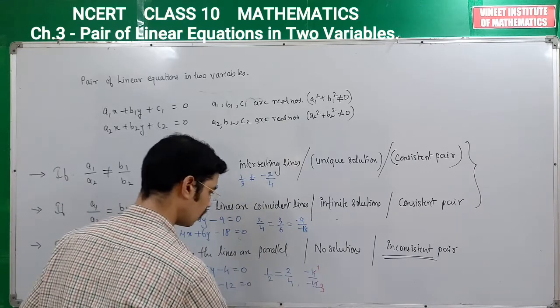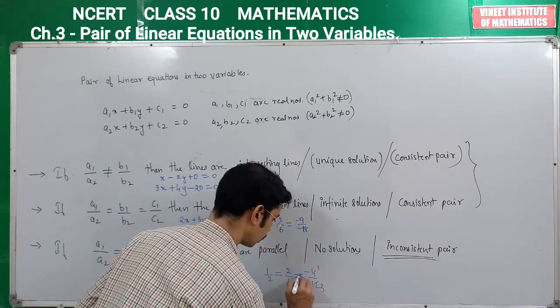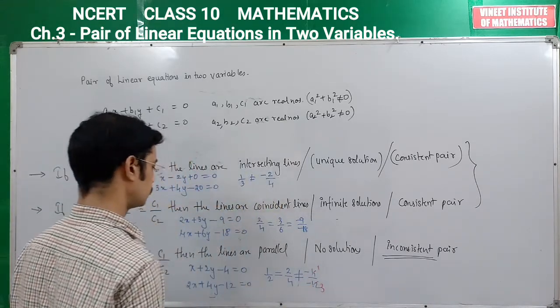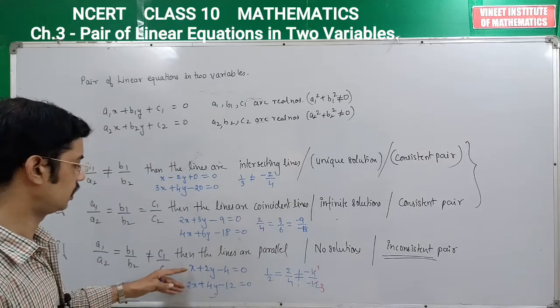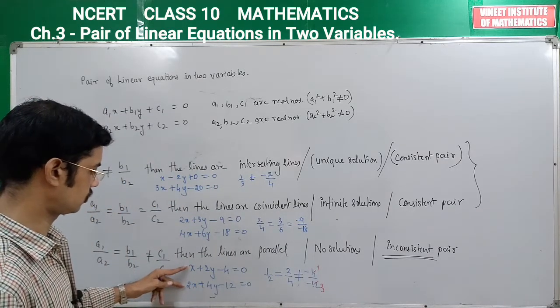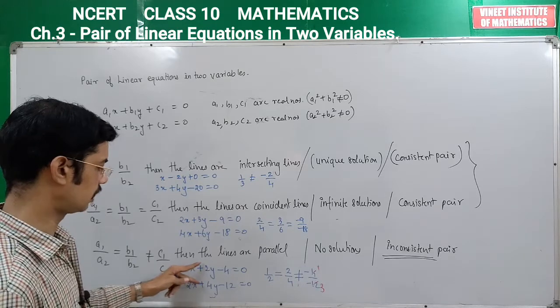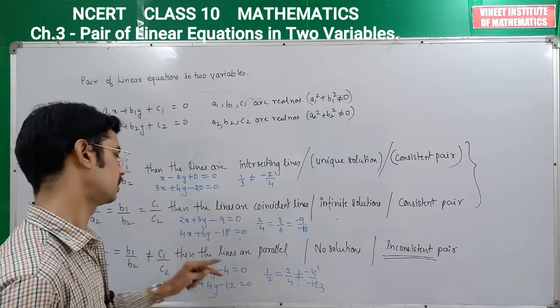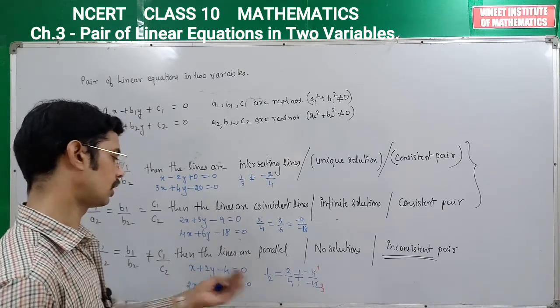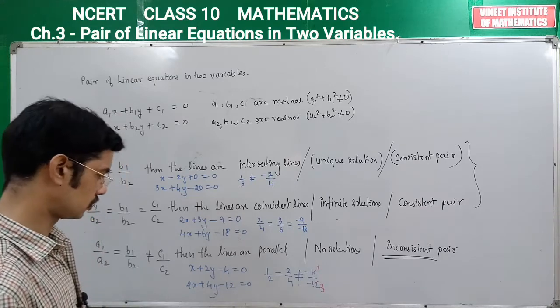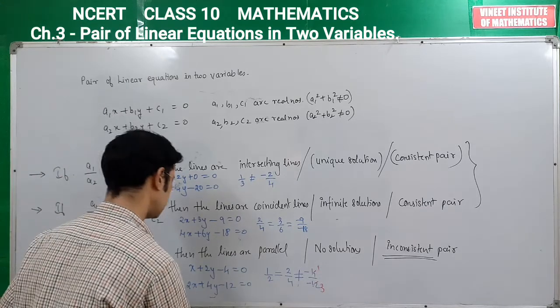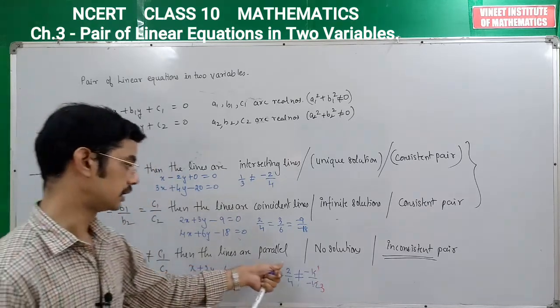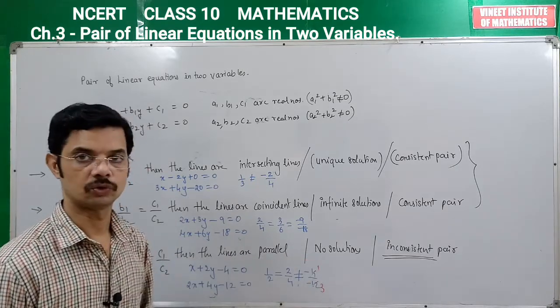So it is clearly not equal to the third ratio. The ratio of coefficients of x is equal to the ratio of coefficients of y, but the ratio of the constants is not equal to the previous set of ratios. So therefore we will say that they are parallel lines, and they have no solutions.